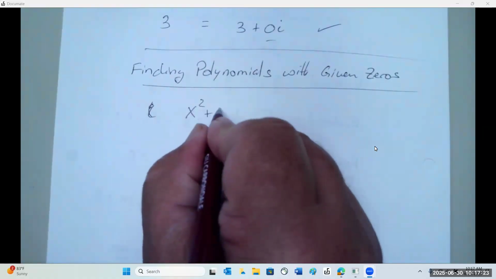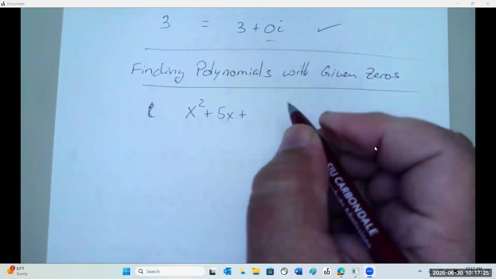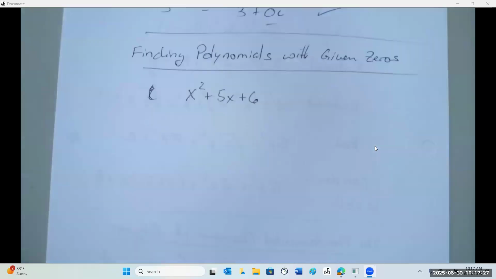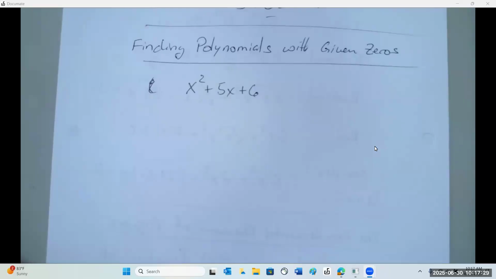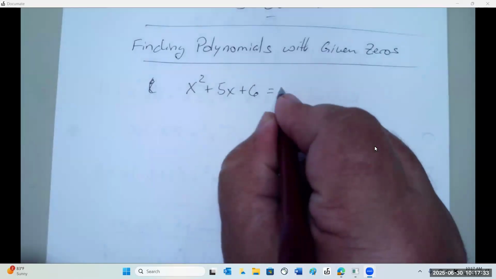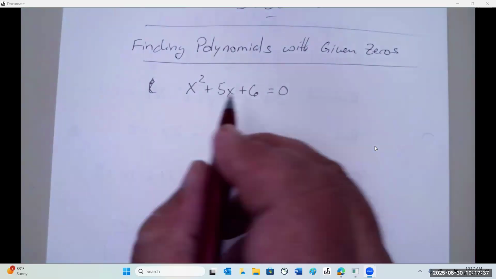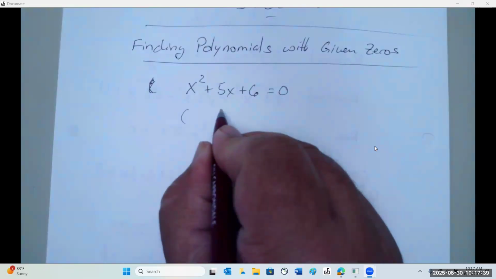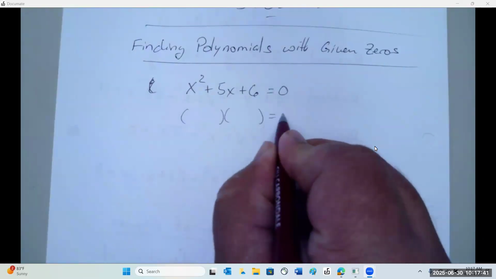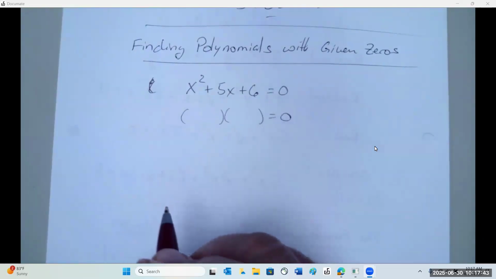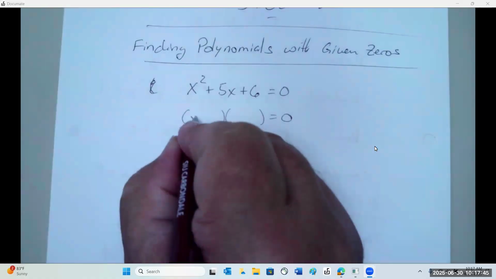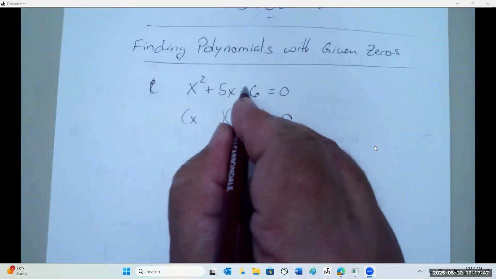X squared plus 5x plus 6. We set that equal to 0. It's in standard form now. We factor it out. We get x and x. The signs are the same.